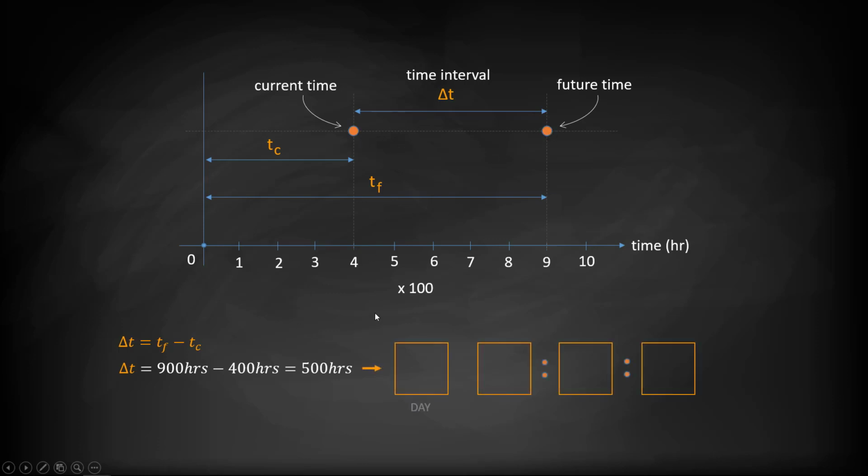Now, once we obtain delta T, we can convert it to number of days. And whatever the remainder will be turned into hours. And the hours remainder will be turned into minutes. And the minutes remainder will be turned into seconds.